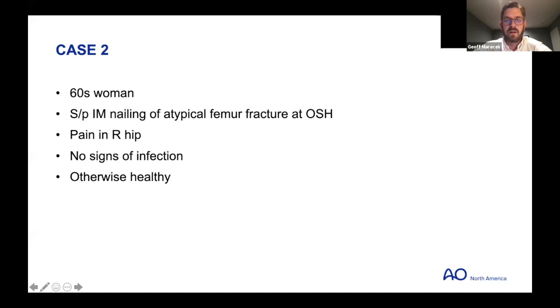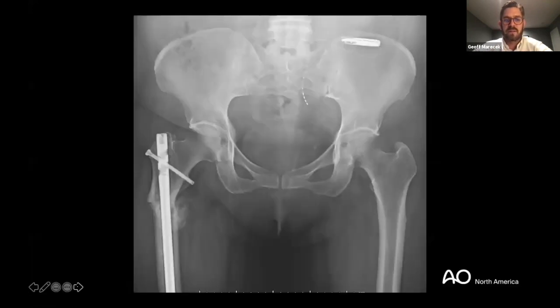A different case here. I'm going to kind of skip over this. This isn't a look-how-awesome-this-is case, but just highlighting the importance of doing things right. So this is a woman who came to me after having an atypical femur fracture. It was treated at an outside hospital. I don't want to talk about atypicals because that's a whole other discussion, but you can already see here a pretty profound varus deformity.